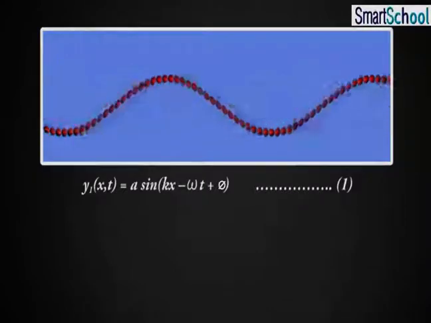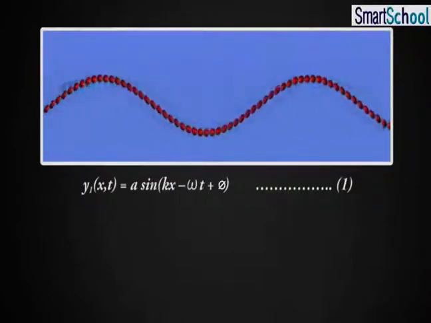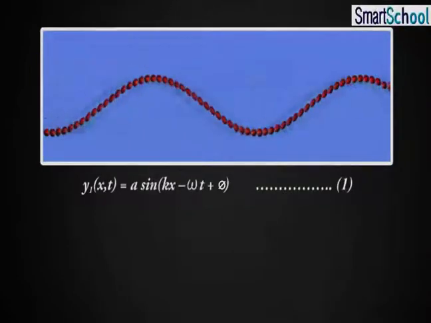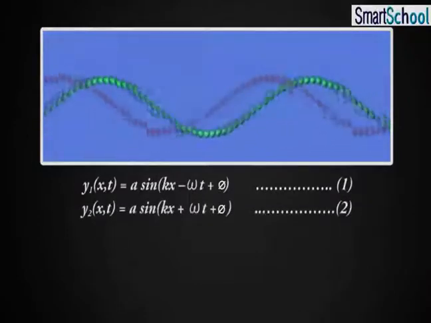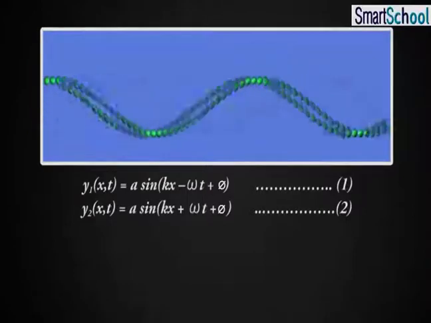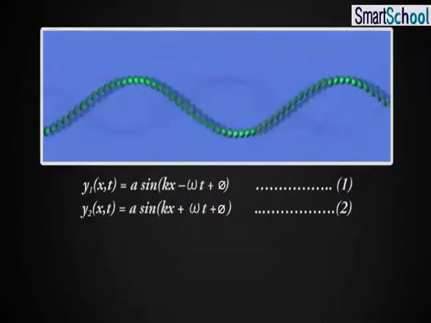Let it be equation 1. Wave traveling in the negative direction of x-axis is y2(x,t) = a sin(kx + ωt + φ). Let it be equation 2.